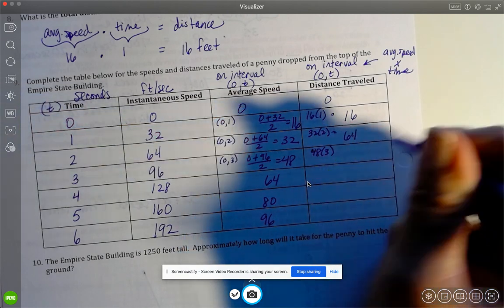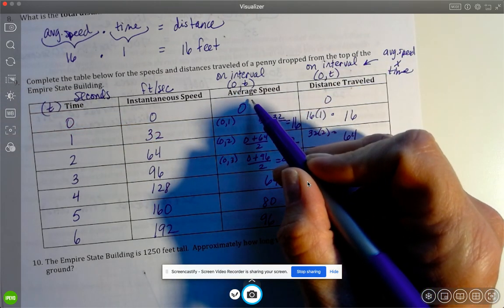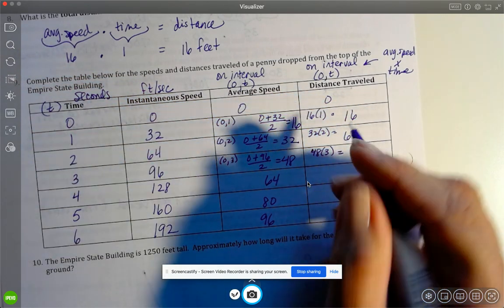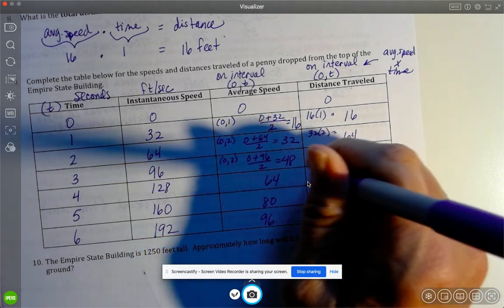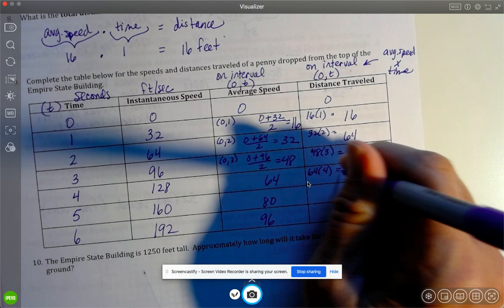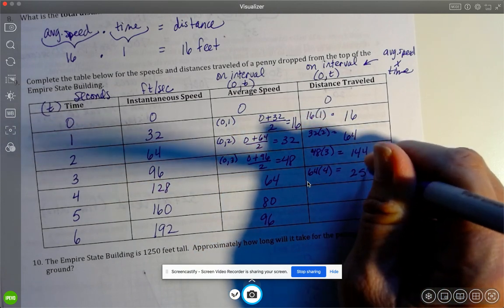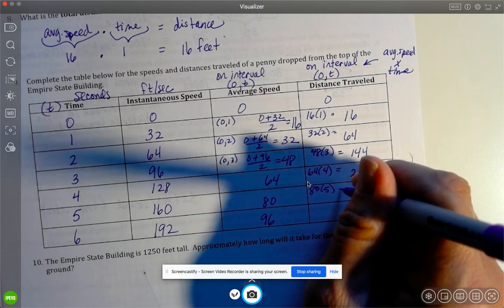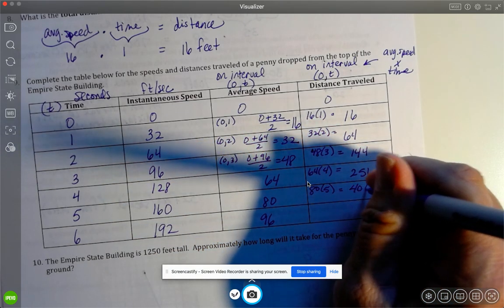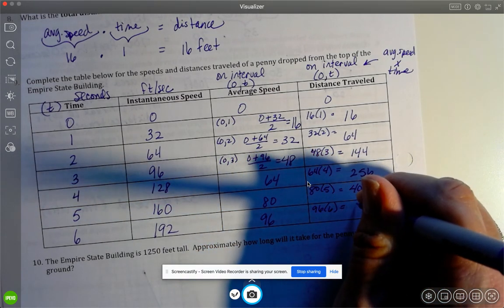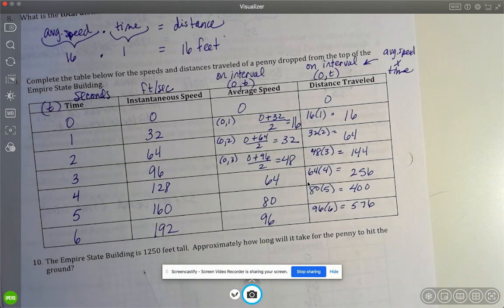Because average speed times the time that we're talking about is 144. 64 times 4 is 256. And then 80 times 5, which is 400. And then 96 times 6, which is 576. Okay, so we've completed the table for what we have so far.